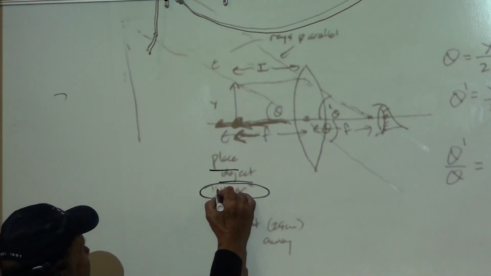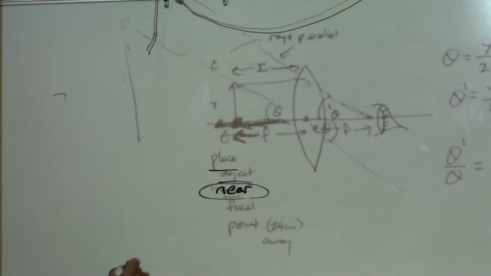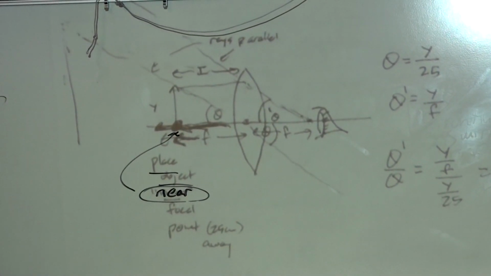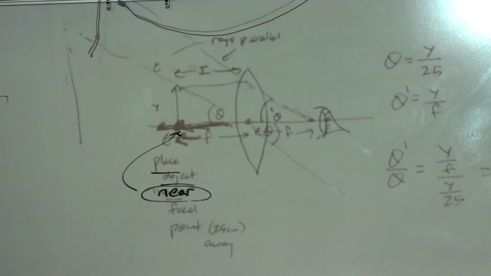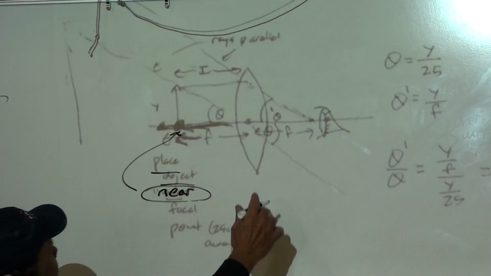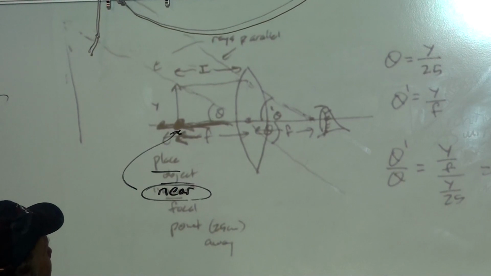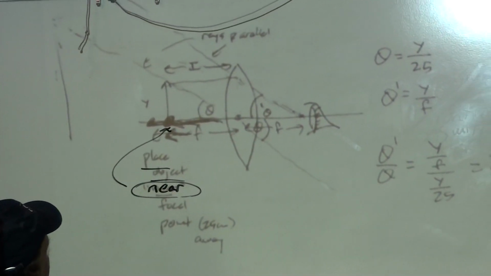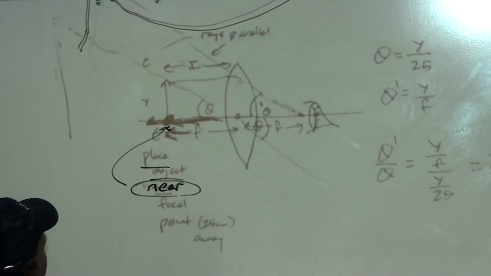So here, near. We want the object near the focal point, so that the light that comes through is going to be greatly magnified in angular size. And so that's going to be our theta prime. Okay, so how do we get theta prime? We can think of theta prime as being our height divided by the focal length of the lens, f.